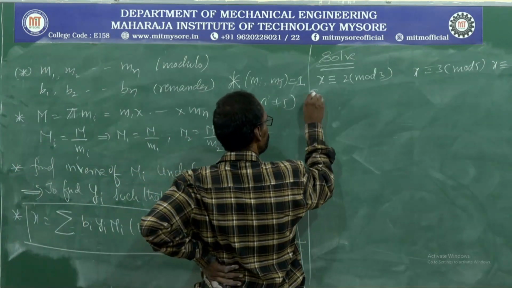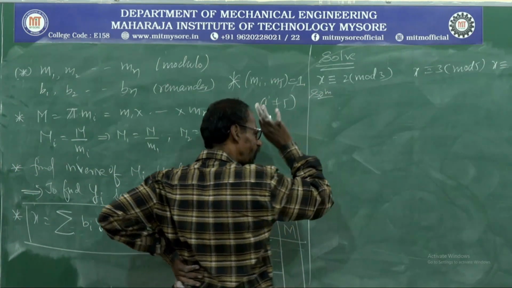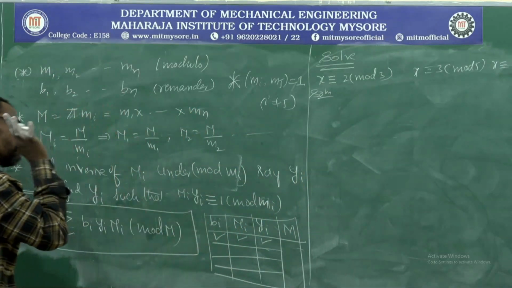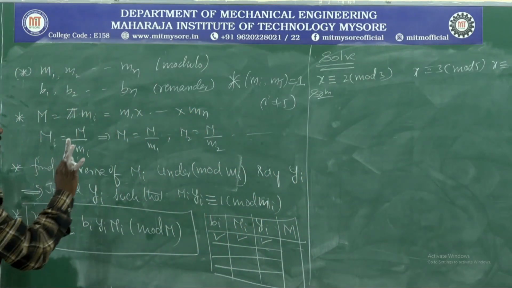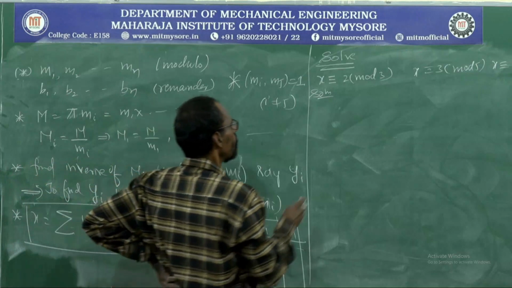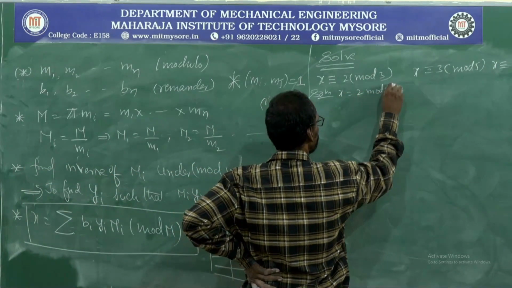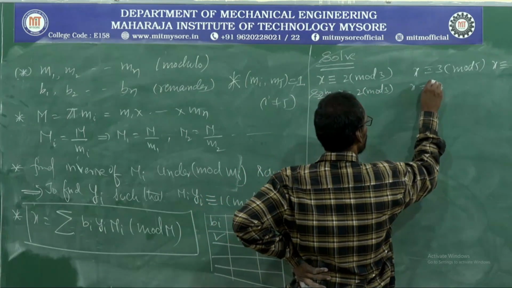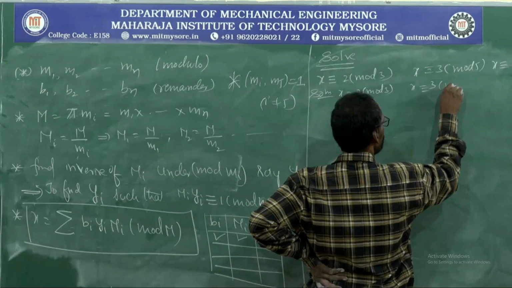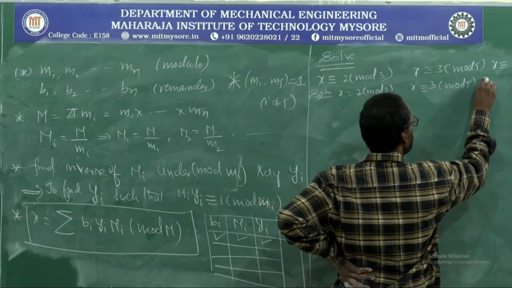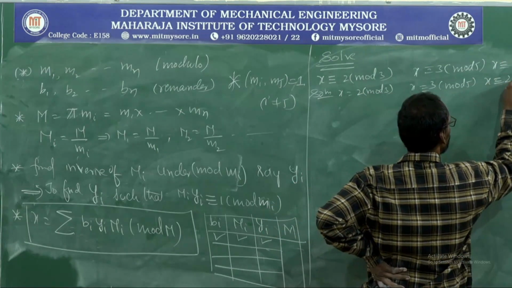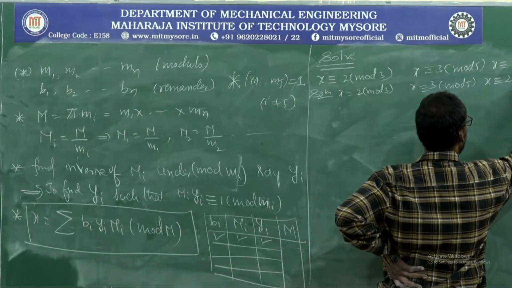So we'll go with the solution. Very simple, not at all difficult, but there are very excellent applications under Chinese remainder theorem. What is your problem? x is congruent to 2 mod 3, x is congruent to 3 mod 5, x is congruent to 2 mod 7.